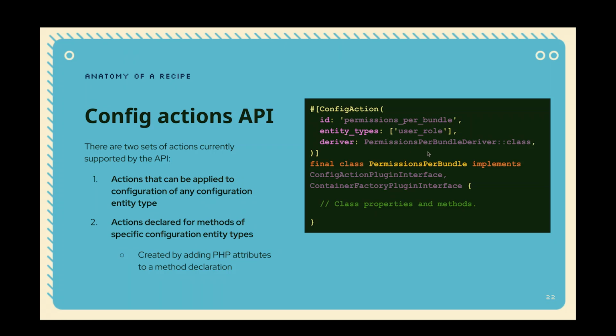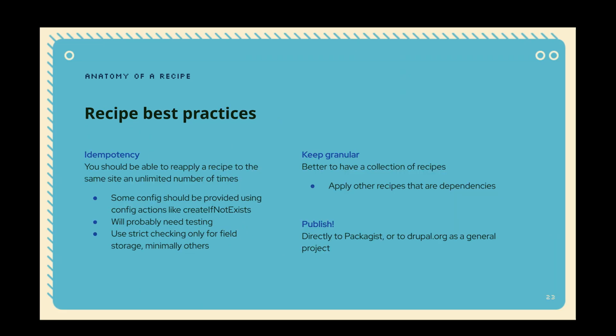You can assign a deriver, and then obviously you need to put in the code. It's pretty powerful that this is a system that you can also extend to meet your own very specific needs. I know that Search API has already implemented its own config actions, so it's great to see that the contrib space is already starting to adopt this and extend it as well, and hopefully that's something we'll see more of in the future.